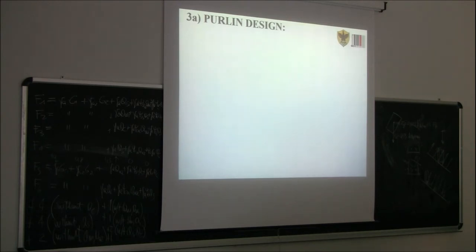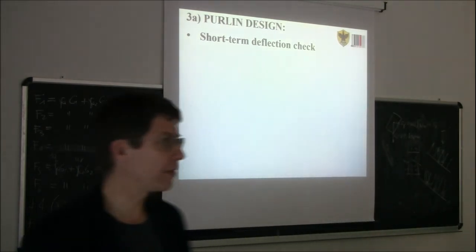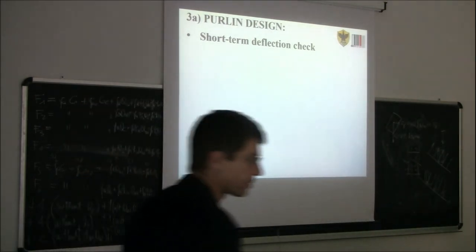Okay, so how do we proceed? The problem is that we are again in biaxial bending. So in biaxial bending, how do we calculate the deflection? Again, you can use the superposition principle.